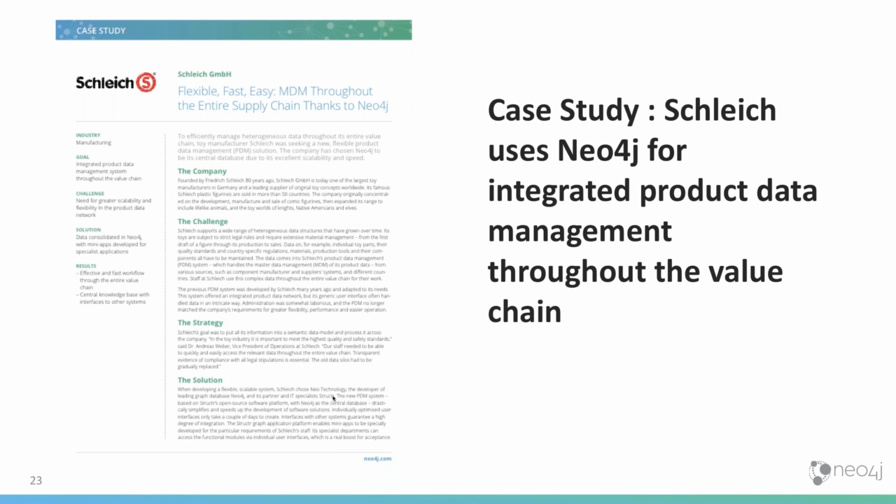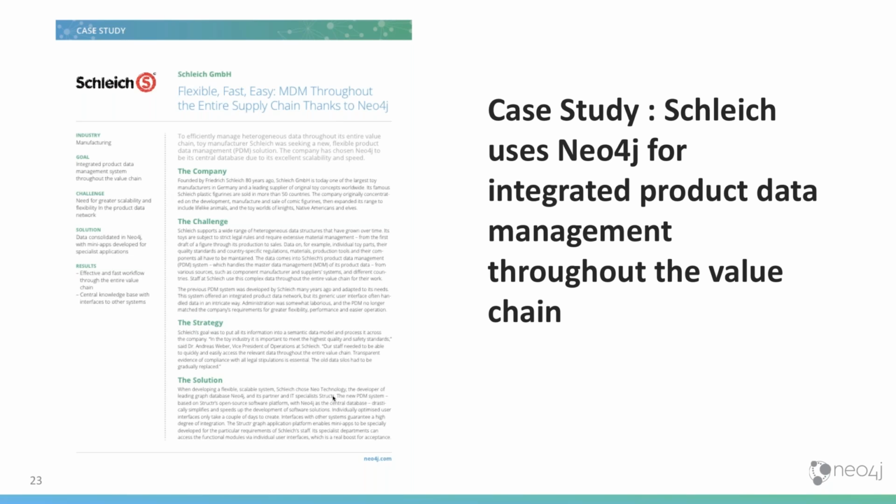Then there's Schleich. Schleich uses Neo4j to do integrated product data management throughout the value chain. So that's both looking at supplier information, the materials that come from their different suppliers, and also as it moves through their entire production line, their entire company.